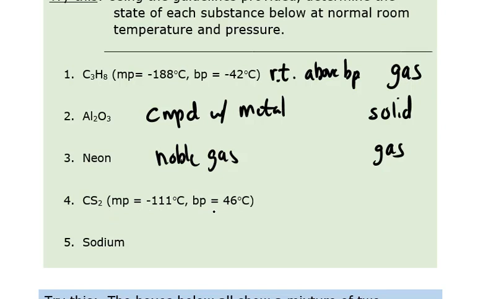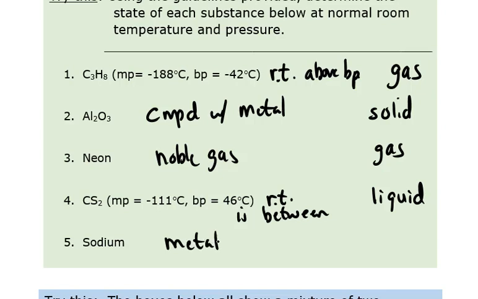Figure out where room temperature is. And on this one, it's above the melting point, below the boiling point. So room temperature is between, which means that it must be a liquid at room temperature. And finally, sodium. Sodium is a pure metal, so it's going to be a solid at room temperature.